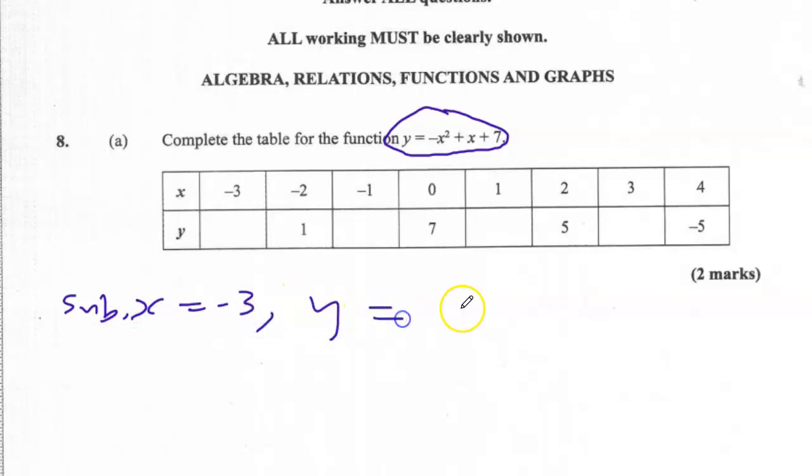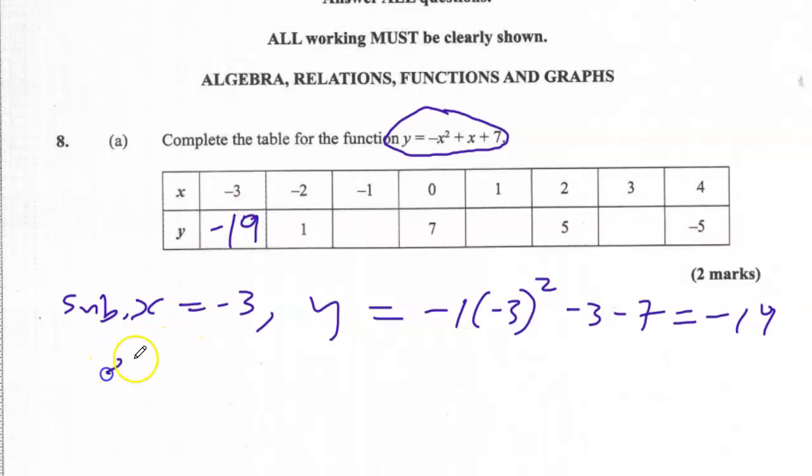Think of negative x squared as negative 1 times x squared. With x equal to minus 3, we have minus 1 times minus 3 all squared, plus minus 3, plus 7. So this is positive 9 times minus 1, that's minus 9. And this is minus 10, so that's minus 19.